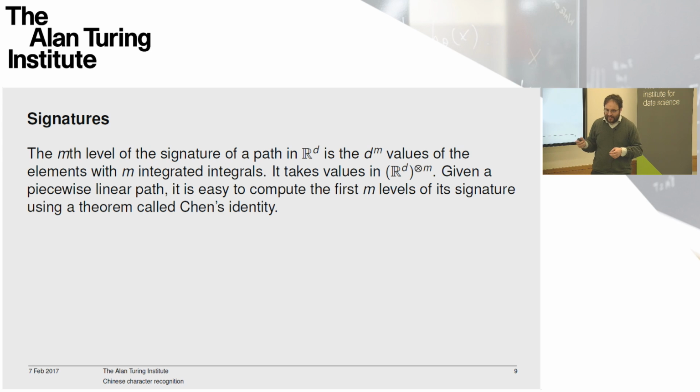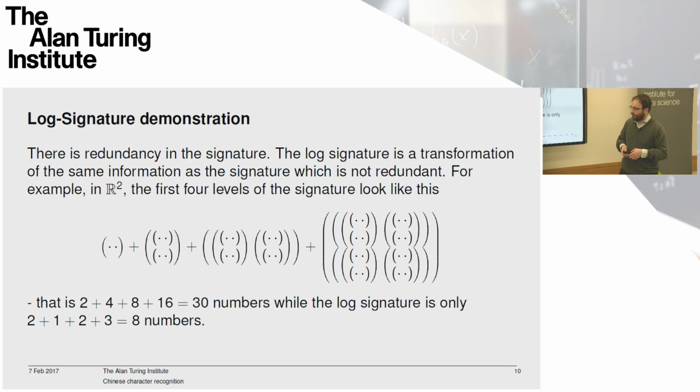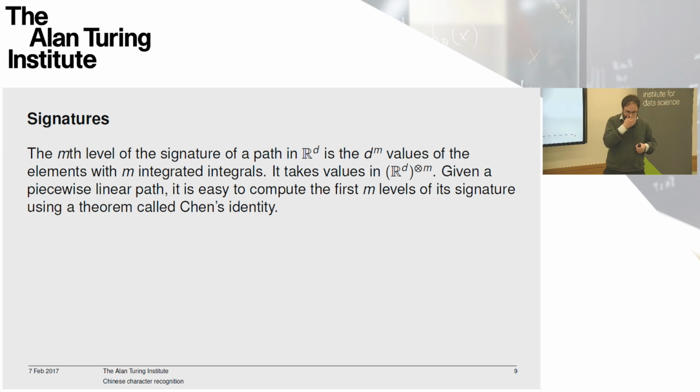So calculating the signature, evaluating the integrals on a given path where the path is specified as a series of line segments, is very easy using a formula called Chen's identity. It turns out that the information in the first m levels of the signature is slightly superfluous.